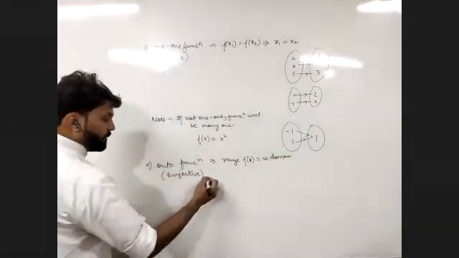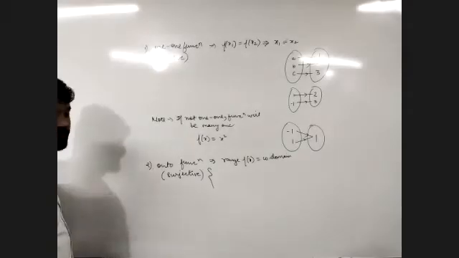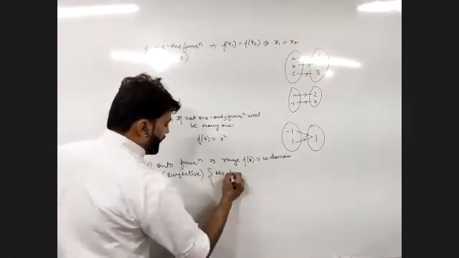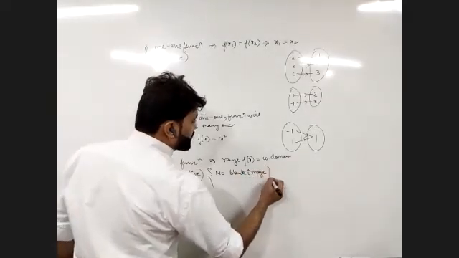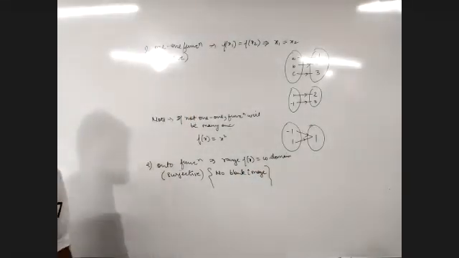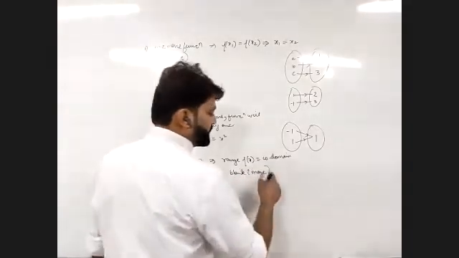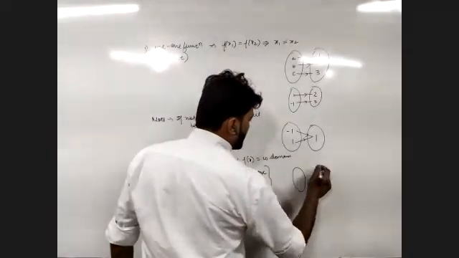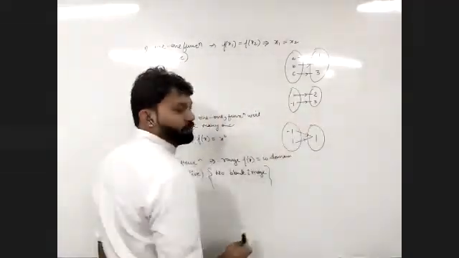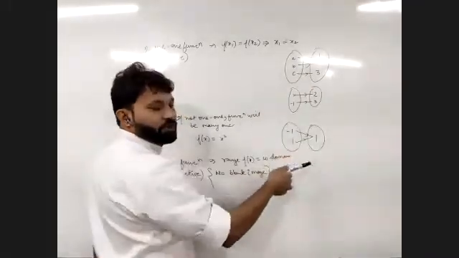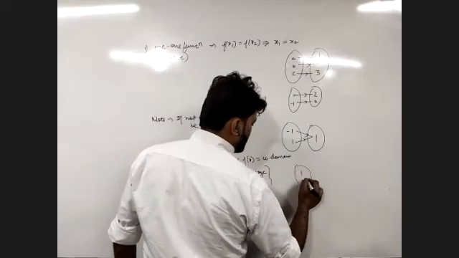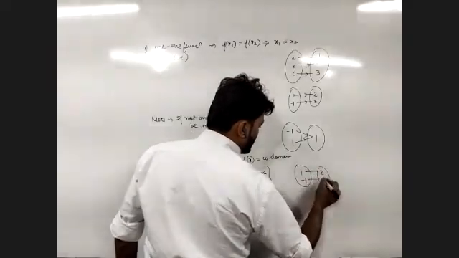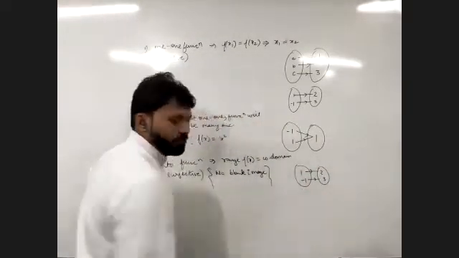We can say in short, for our understanding, no blank image. There should be no blank image, then only the function will be onto. Like both these examples, because there is no blank image, these are examples of onto functions. So 1, minus 1, 2, 3. This function is also onto function.